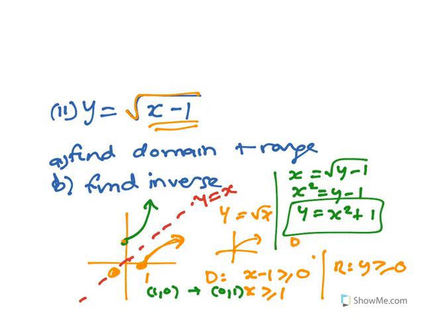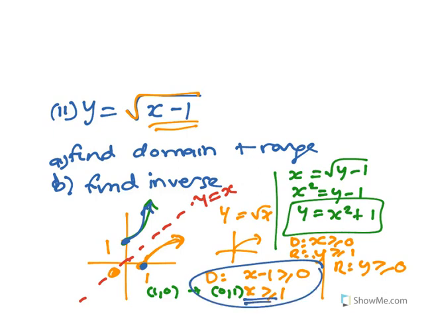So the domain and range of this inverse: the domain would be x is greater than or equal to 0, and the range is y is greater than or equal to 1. Because like there's the 1 there, so it's greater than or equal to 1. Do you notice that they're opposite? The domain of the original function, x is greater than or equal to 1, but for the inverse, y is greater than or equal to 1, so they swap.